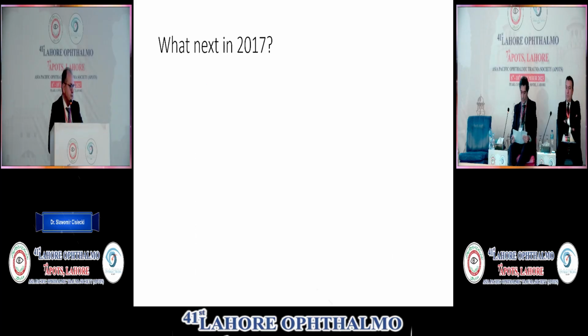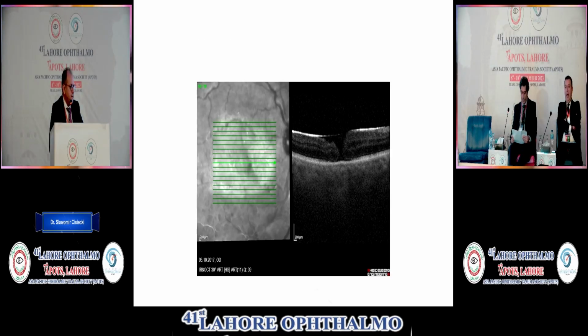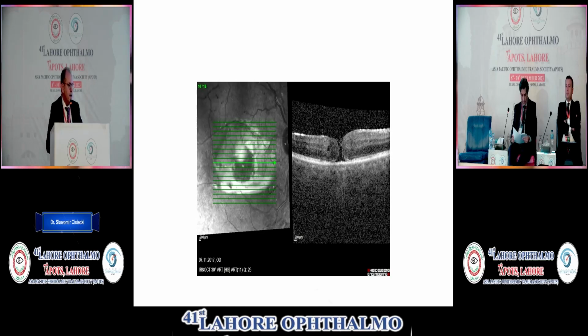The question was what to do next in 2017. So I decided to put anterior capsule with silicone oil tamponade, but unfortunately this anterior capsule was displaced in the periphery. I had the silicone oil for 1 month, the hole almost closed, but not completely.